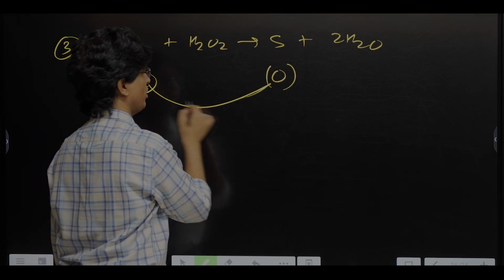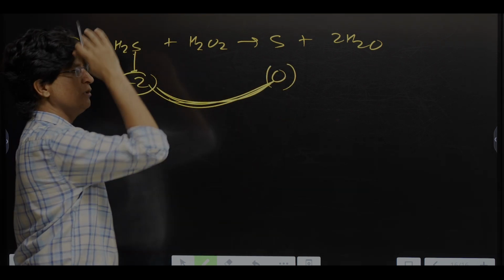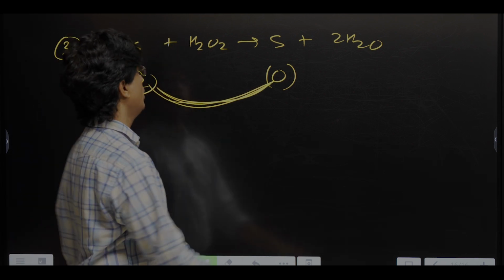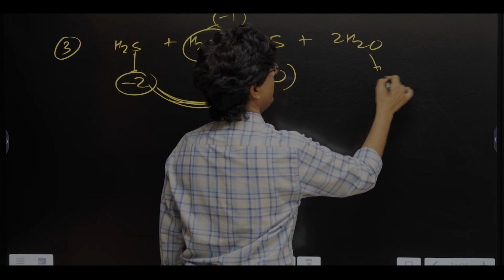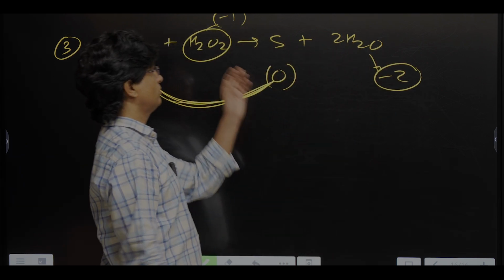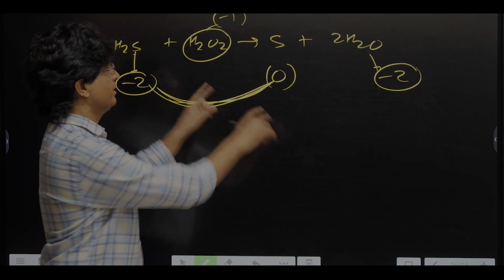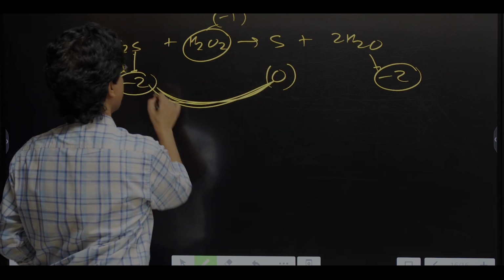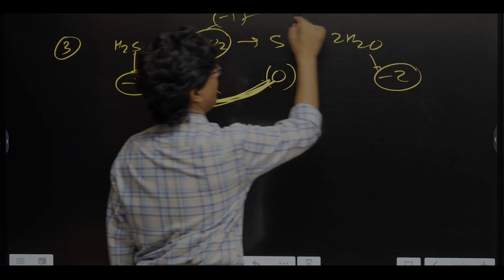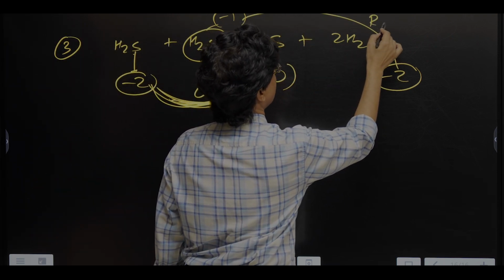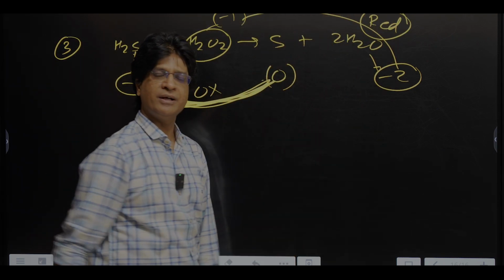Clearly there is a change in oxidation state. Definitely this will be called a redox reaction. Also oxygen is in -1 over here and here it is -2. So there is a change in oxidation state. -2 to 0 is oxidation. -1 to -2 is reduction. So it is a redox reaction.